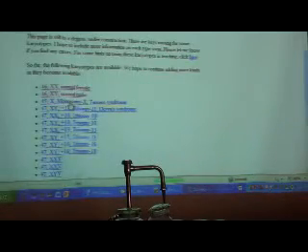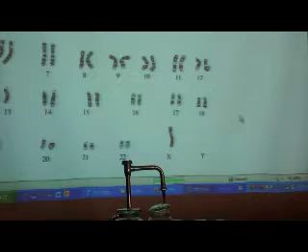Let's start looking at a couple that are not so normal. This is a disorder called Turner syndrome. If you look at the lower right, you'll see there's an X chromosome, but there's only 1. This individual is technically female.